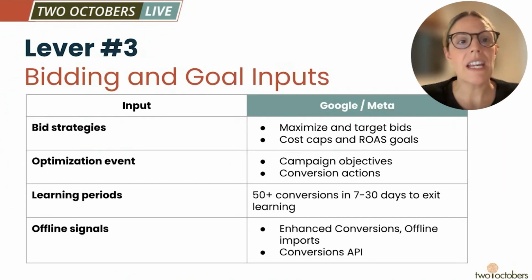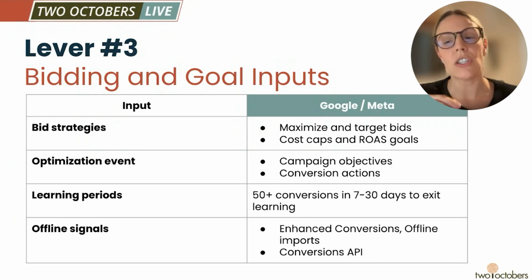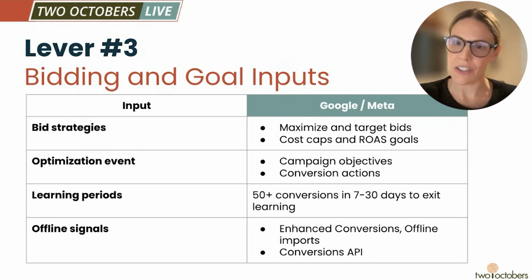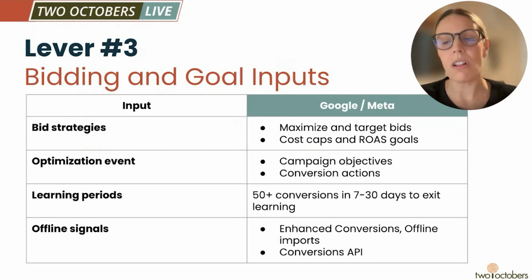With lever 3, there's bidding and goal input. Maximizing your sales and maximizing your conversions is all about bid strategies. And both platforms have bid strategies that allow them to find those audiences that are going to take the action or convert on that goal through machine learning.